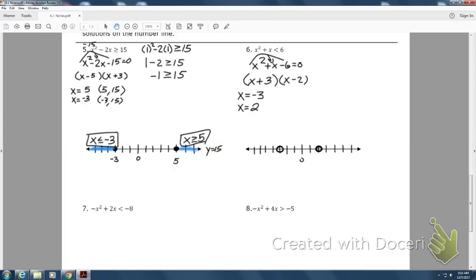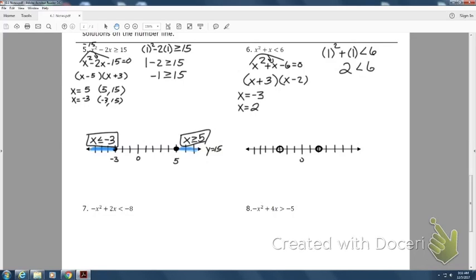Okay. On this, can I use 1 as my test point? Yes, correct? It's in between the 2 points, between the 2 dots. So I'm going to have 1 squared plus 1 is less than 6. 1 squared is 1. 1 plus 1 is 2. 2 less than 6.